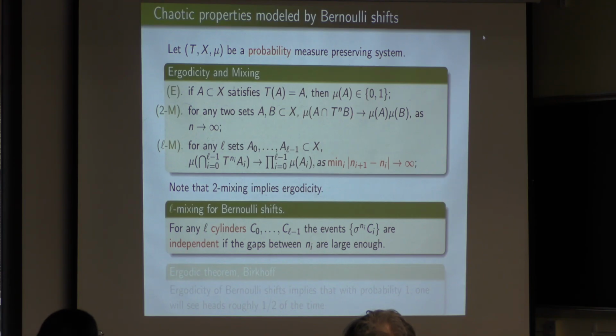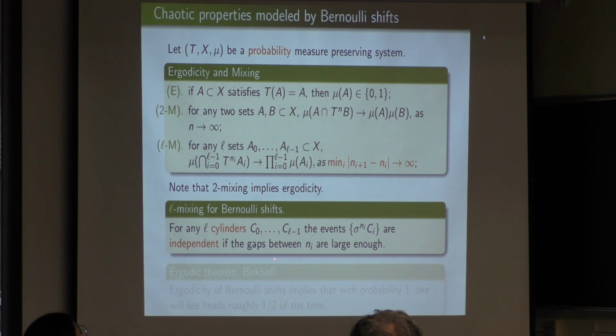Okay. But these are abstract definitions. Let's see the Bernoulli shift that we've just seen on the last slide. If I take any cylinders, meaning I fix what happens on finitely many positions, for example, on my third toss I see a 0 and on the fifth I see a 1, that's an example of a cylinder set. When you perform your experiment, the cylinder fixes certain positions and assigns 0, 1, or generally any symbol from the alphabet to them.